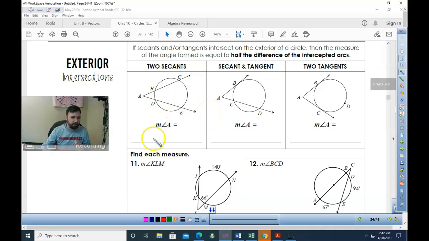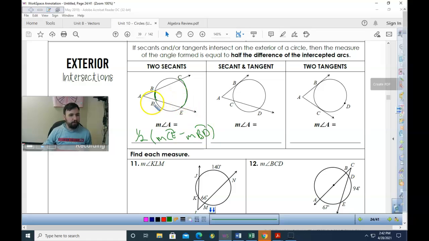If it's outside the circle, it's 1/2 your big arc minus your little arc. So you subtract them and then divide by 2.